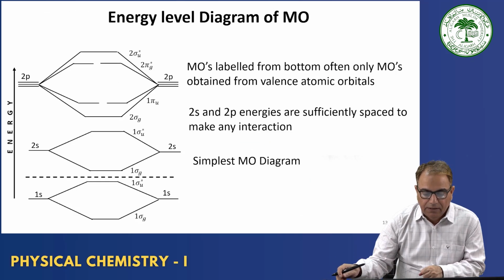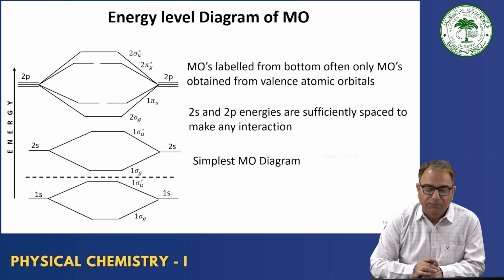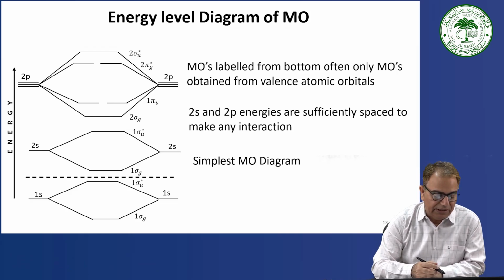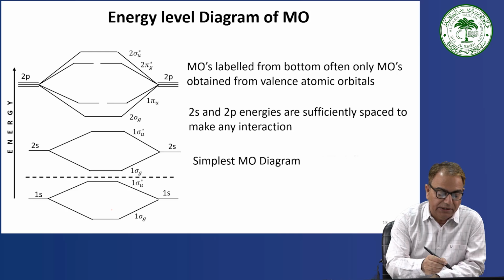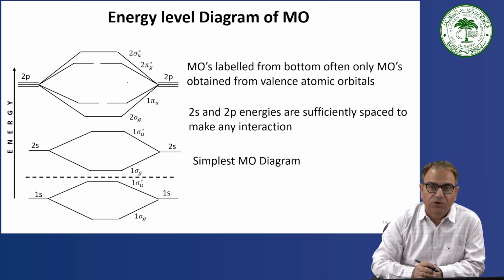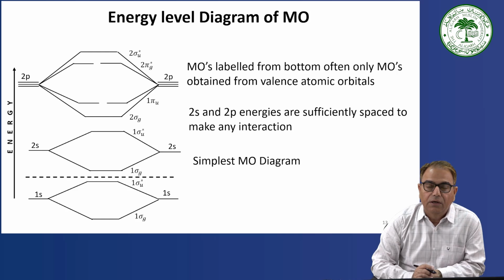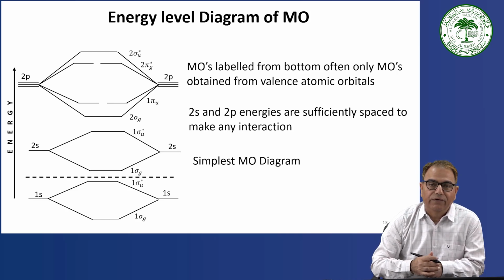Now, the molecular orbital diagram normally is this one: the 1s and 1s combination gives you bonding and anti-bonding molecular orbitals, then the 2s and 2s combinations, then the 2p and 2p combination gives you bonding and anti-bonding. Normally, when you draw the molecular orbital diagram, you don't draw the molecular orbitals formed from the core atomic orbitals.